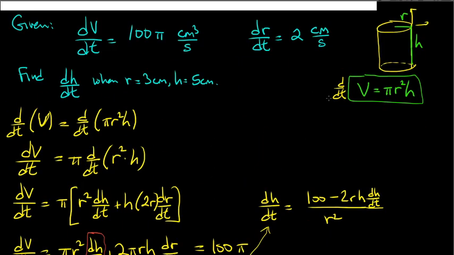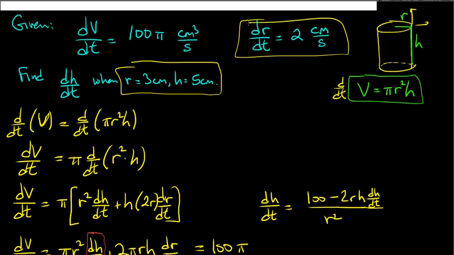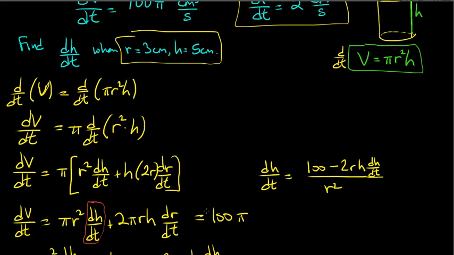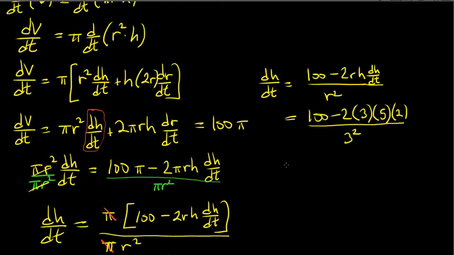And then we can plug in the numbers. R is 3, h is 5, and the derivative of r is 2. So we still get 100 minus 2 times r. R is 3, h is 5, and the derivative of r is 2, all divided by r squared, so 3 squared.